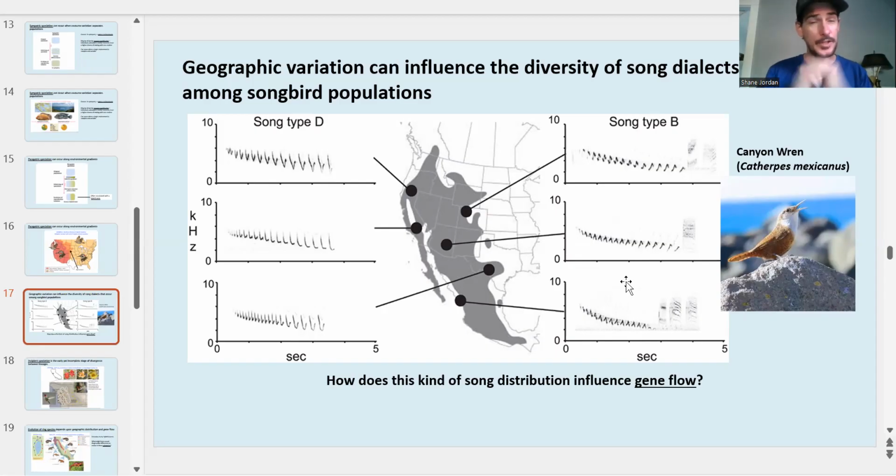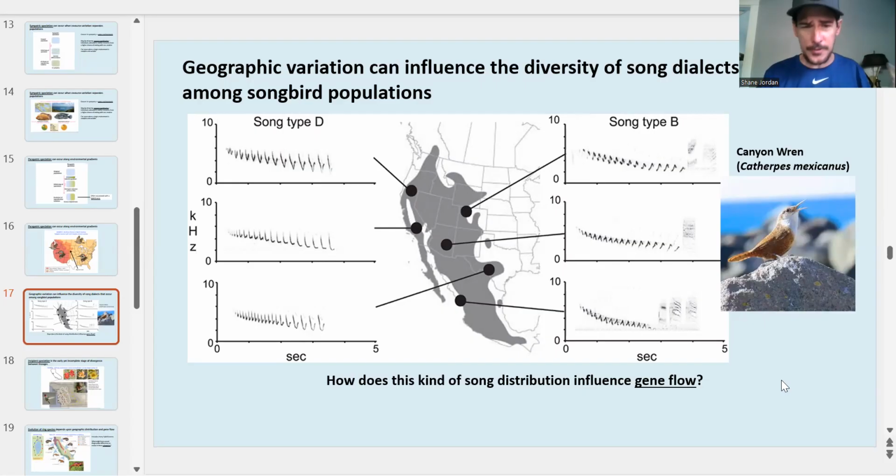Different bird songs will project in different ways. Let's say, for example, song type D might occur in really closed forested habitats. And so that's causing sound to project in a certain way and causing certain songs to be favorable, whereas song type B might occur in much more open habitats where the sound's projecting in completely different ways, causing somewhat different songs to be favored in those environments.